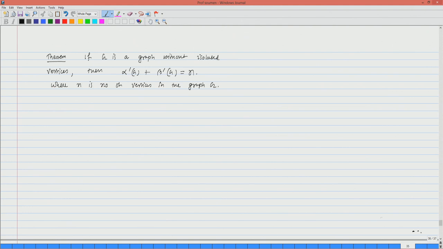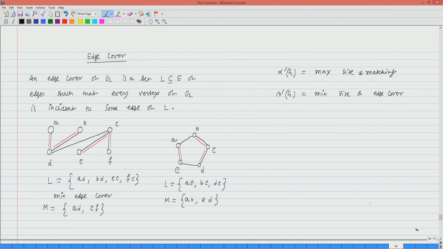Let us see whether this is true in our previous example. Of course, it should be. So, the size of maximum matching is 2 and the size of minimum edge cover is 4.